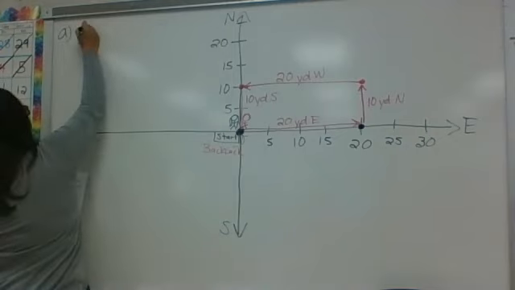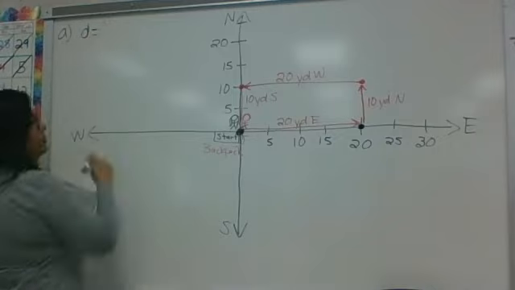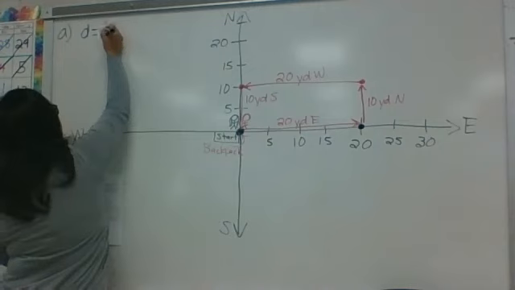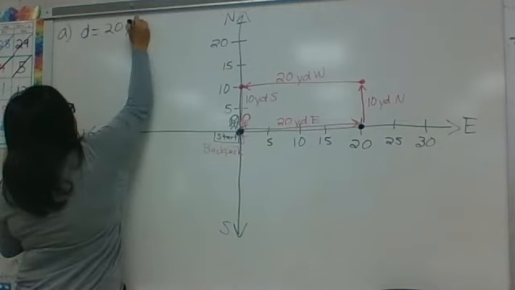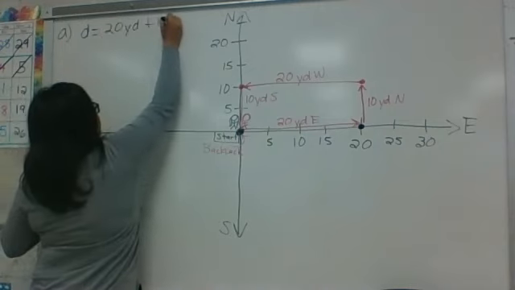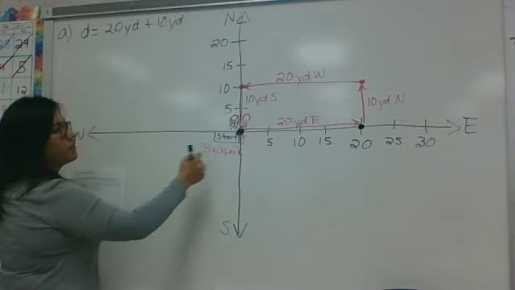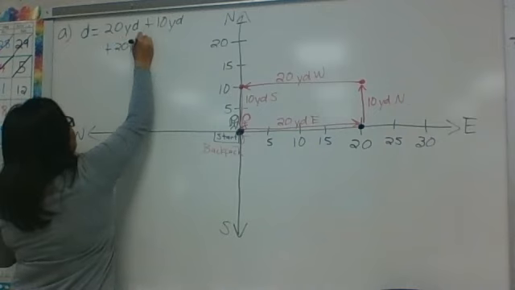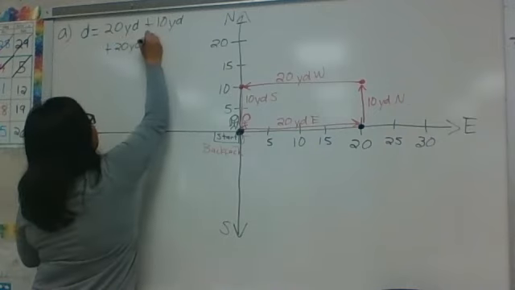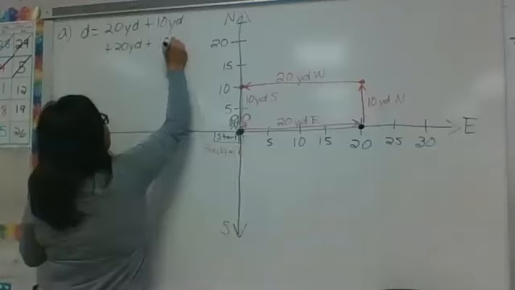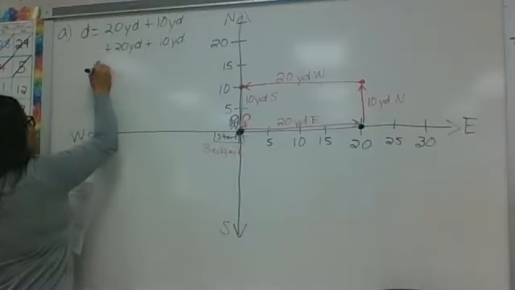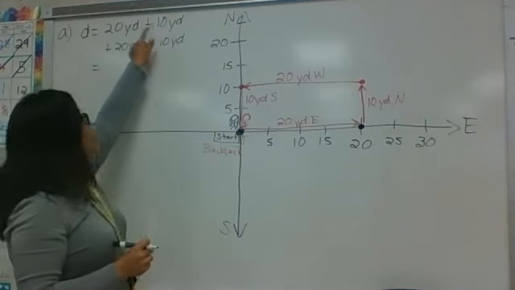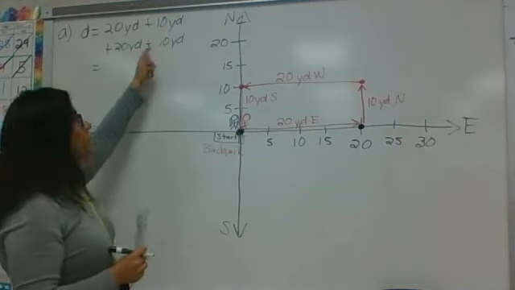So for part A, the distance traveled, it's just going to be all those little pieces added up: 20 yards plus 10 yards plus 20 yards plus 10 yards. And I like to do a shortcut whenever I'm adding numbers up in my head. 20 plus 10 is 30. 20 plus 10 is also 30.